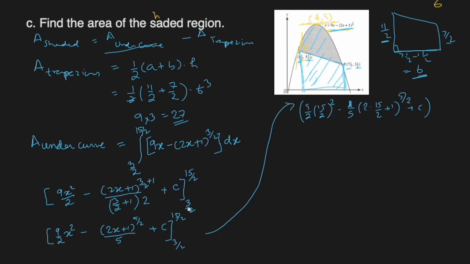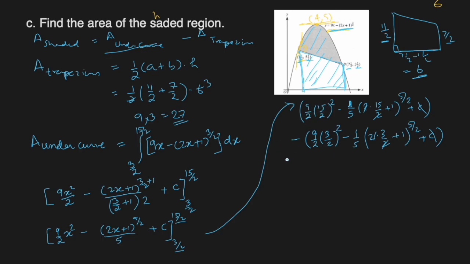This is where I substitute 15/2. Now I'll substitute 3/2, minus 9/2, 3/2 square, minus 1/5, 2 times 3/2, they'll cancel out, plus 1 to the power 5/2 plus c. Because of this minus, both c's will get cancelled out. This is just a ritual to write them.